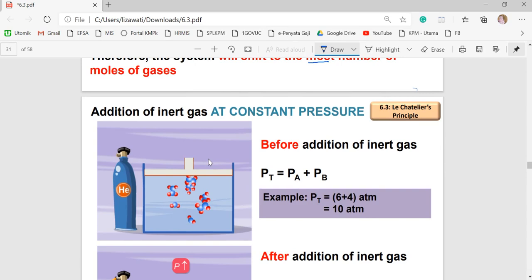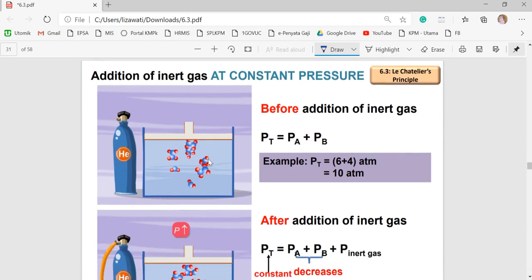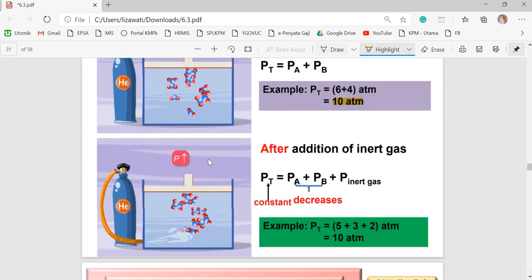Let's take an example here. Before adding the inert gas, the total pressure is 10. After adding inert gas, the helium gas here, the pressure is constant, so the total pressure remains the same.